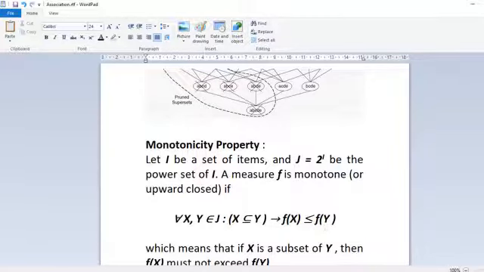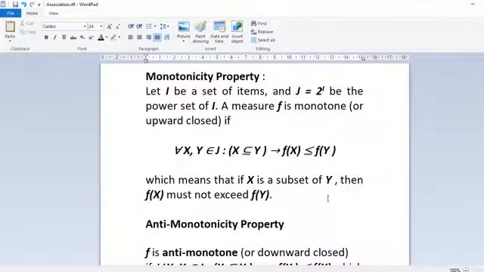Which means that if x is a subset of y, then f of x must not exceed f of y, which we have seen in the a priori principle, which means that if an item set is frequent, then all its subsets are also frequent. So that is the monotonicity property.